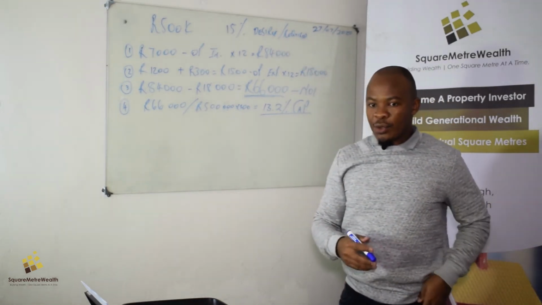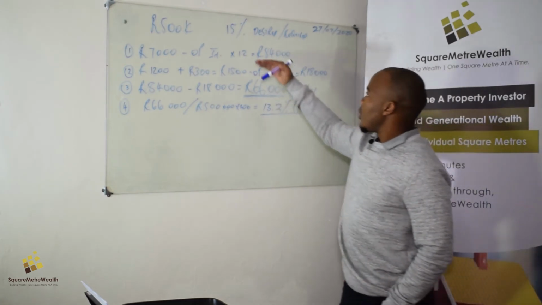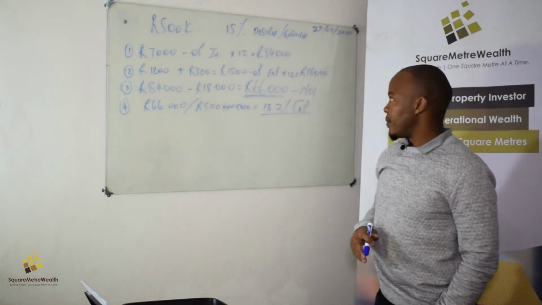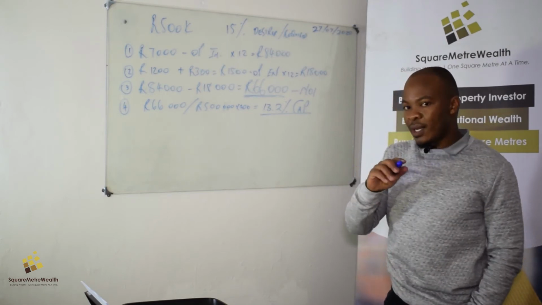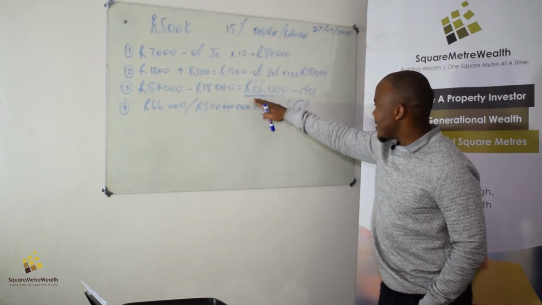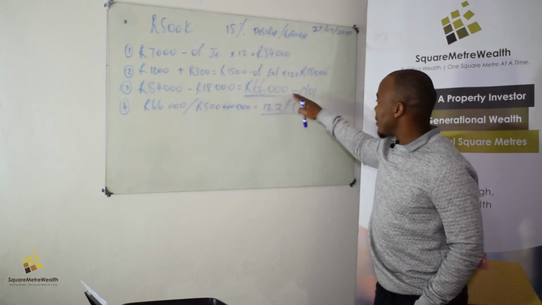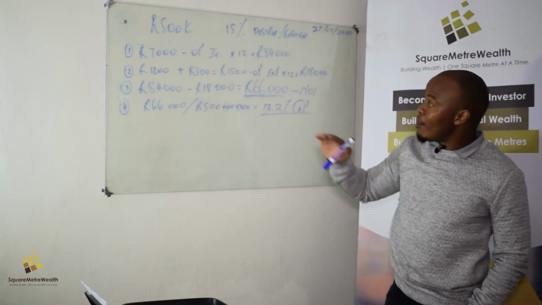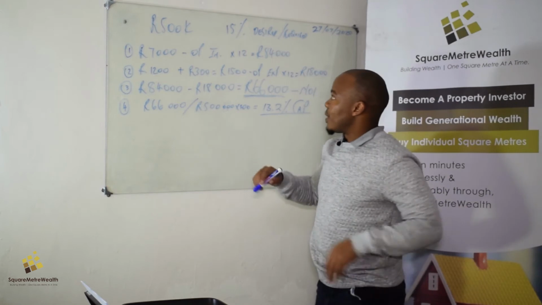So unless you are able to achieve your desired 15%, you would not buy this property. The question becomes, if this is your desired cap rate and this property is generating 66,000 Rand in net operating income, what must you pay as a maximum for this property?